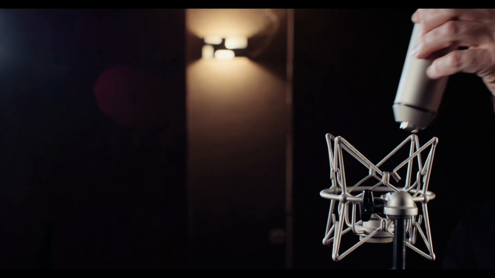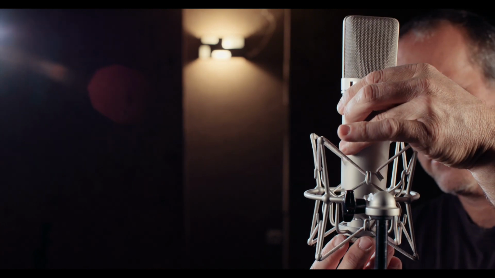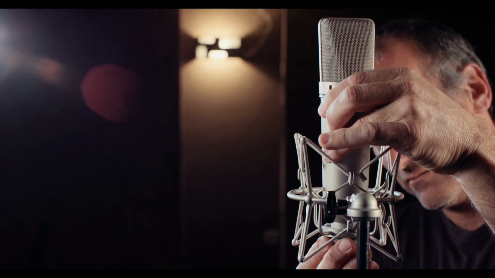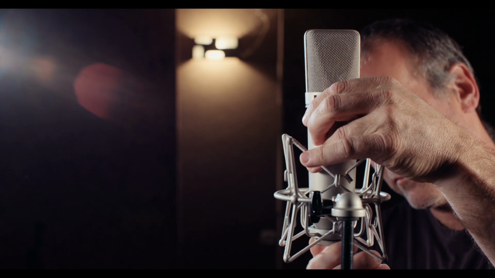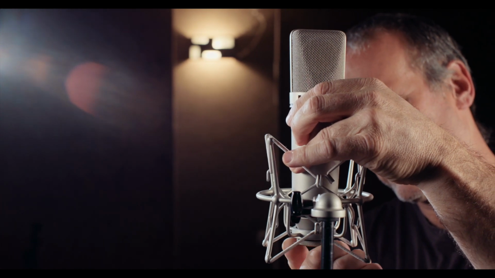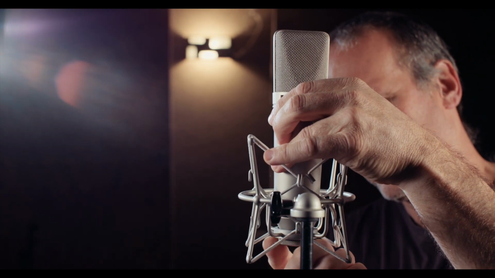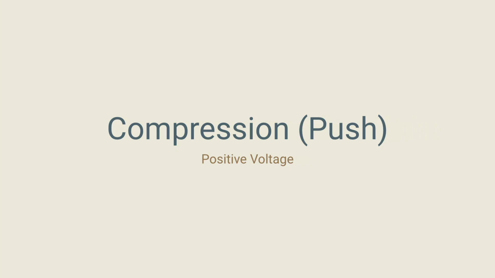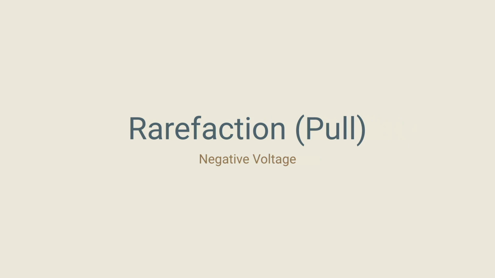A microphone capsule senses these same pressure changes, converting them into positive and negative electrical impulses, which are fed into our recording equipment. The pushing of the air molecules is called compression, and that produces a positive voltage. And the pulling is called rarefaction and produces a negative voltage in a circuit.